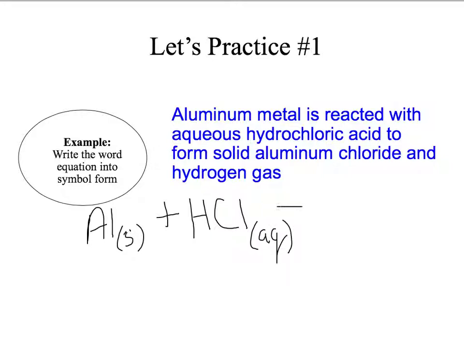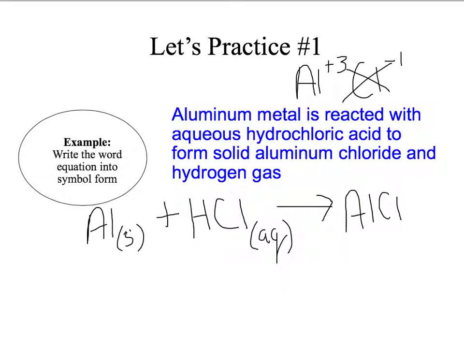To form is the arrow, so we're going to draw an arrow. Solid aluminum chloride, but this is where old stuff comes into play. Aluminum has a charge of +3. Chlorine has a charge of -1. They don't cancel out, so you have to crisscross, and that becomes AlCl3.